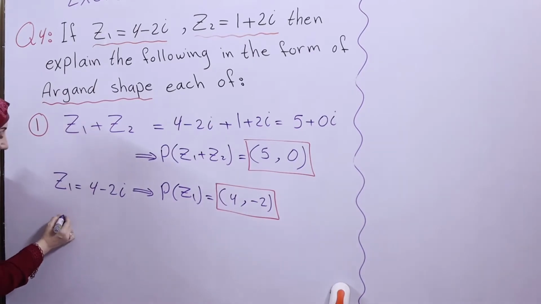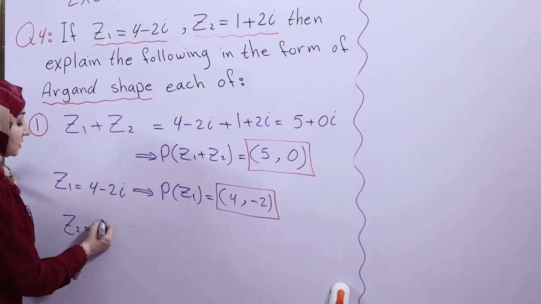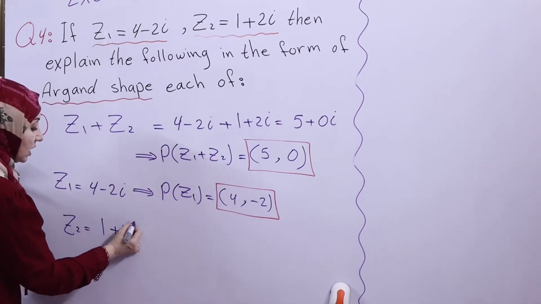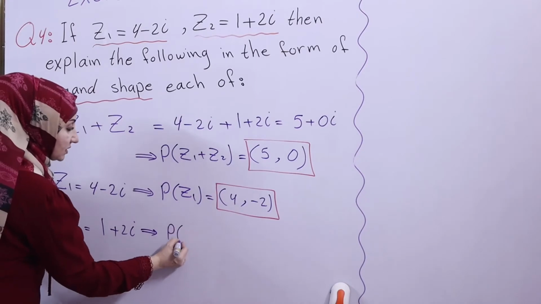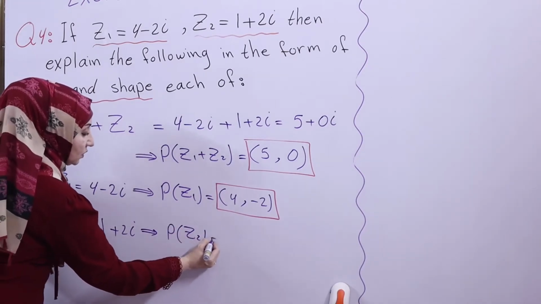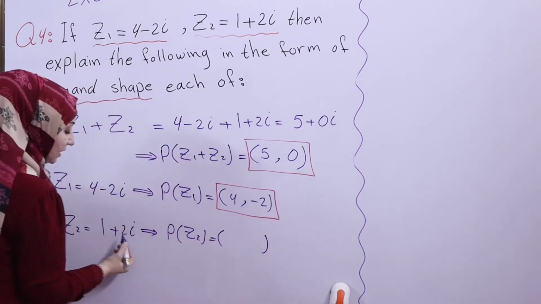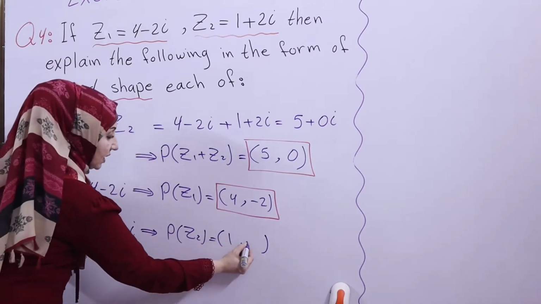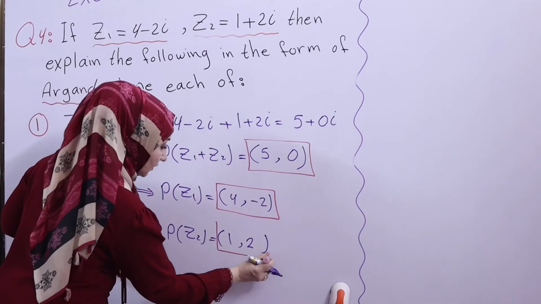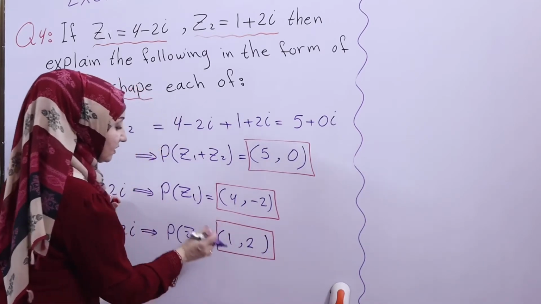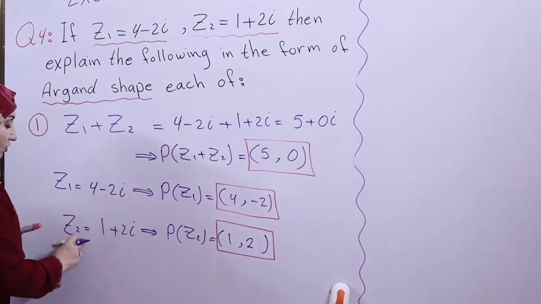And the second complex number Z2, which is 1 plus 2i, the point which represents this complex number Z2 will be the order pair 1, 2. So we want to represent them as argand shape.